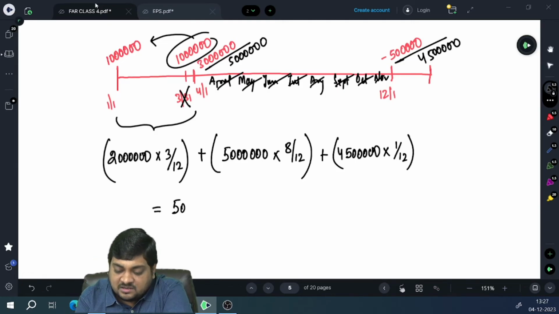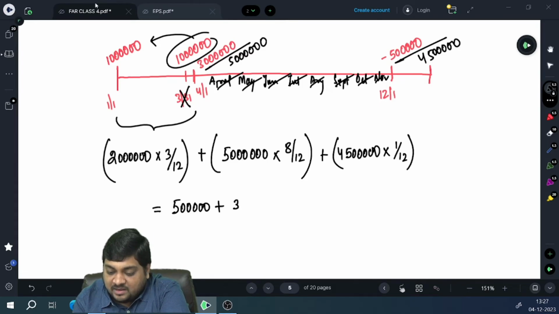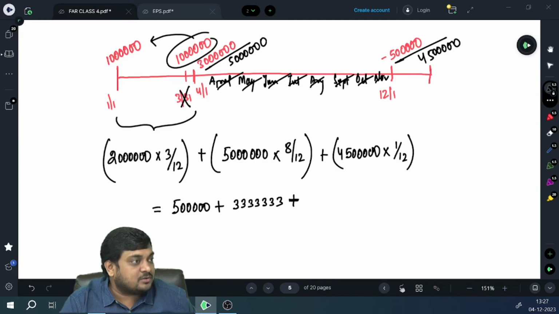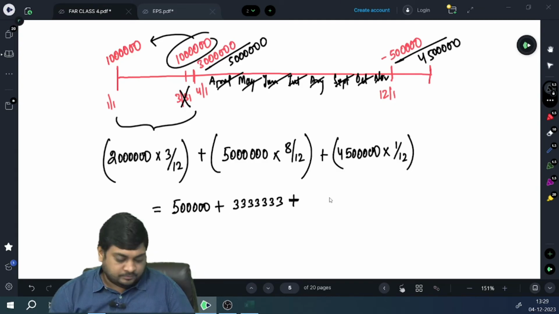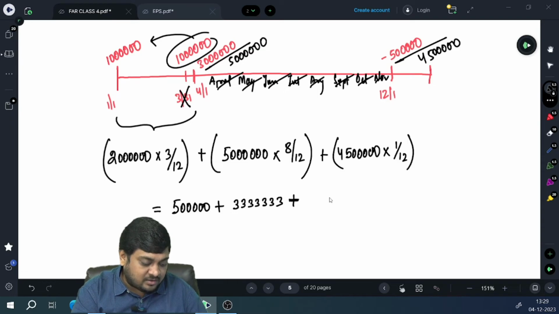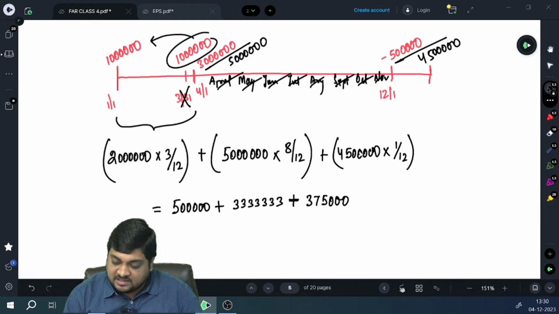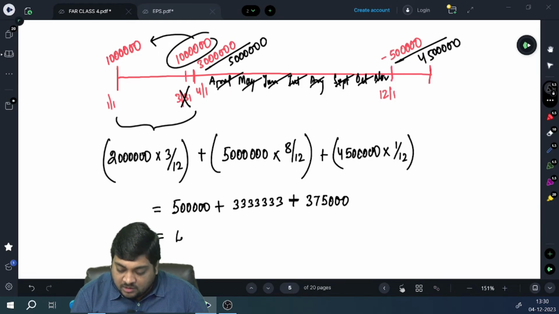So this is 3 by 12, is 5 lakh. This is roughly 33,333, and this one is 45 lakh divided by 12. So this is 3 lakh 75,000. So we got 42 lakh 8,333.